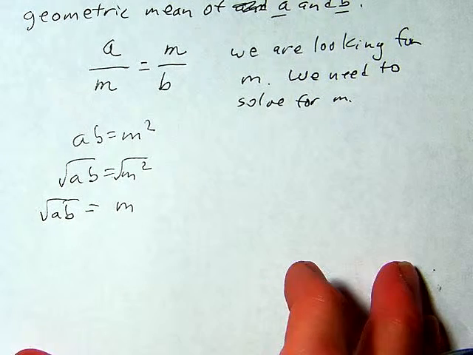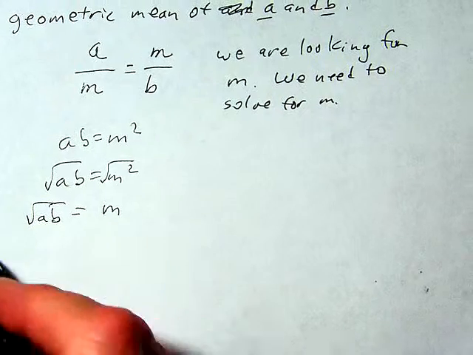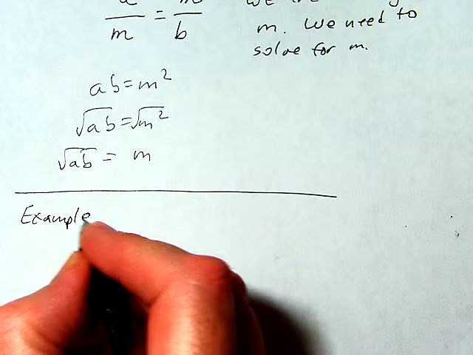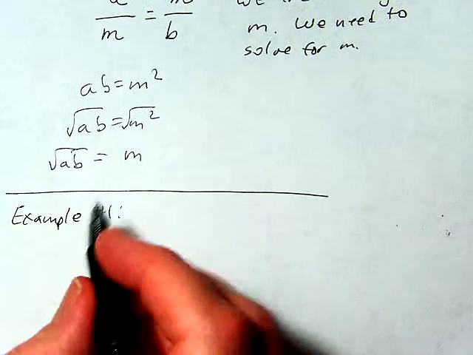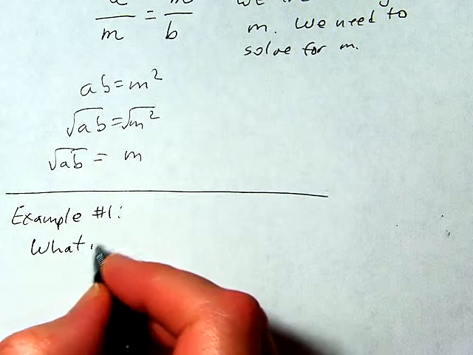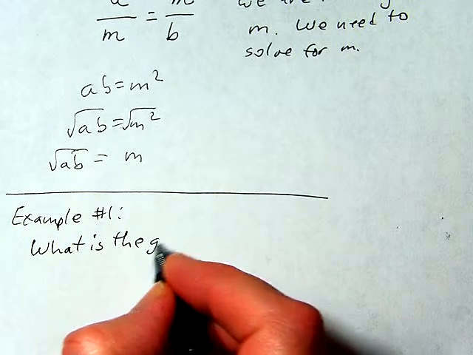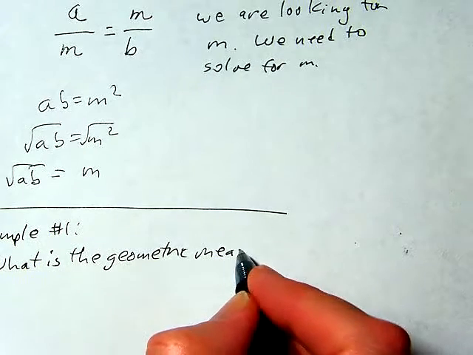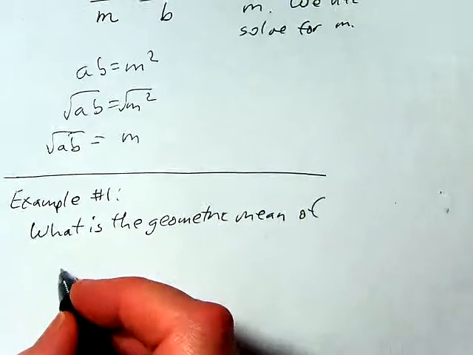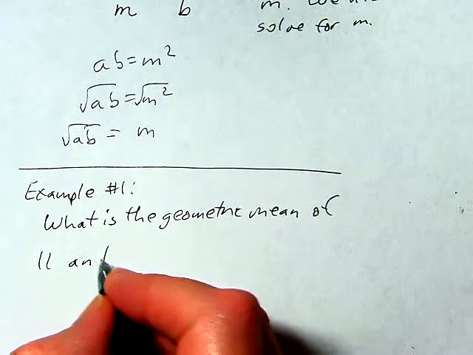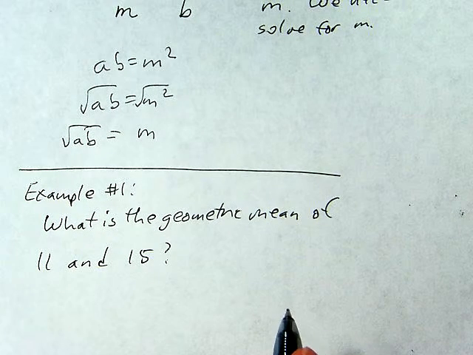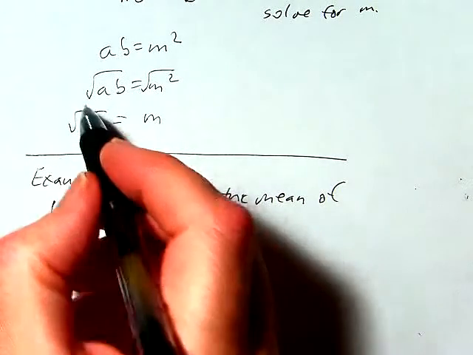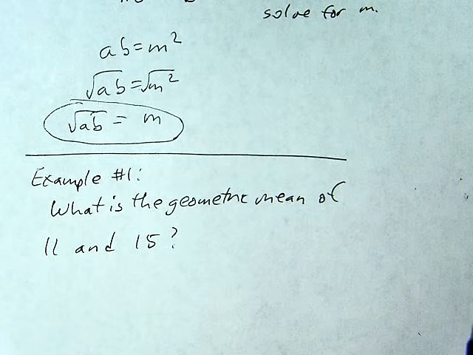So let's look at a specific example. Example 1. We want to answer, what is the geometric mean of 11 and 15? Okay, so basically we're going to use this formula right up here, and we can apply it directly.